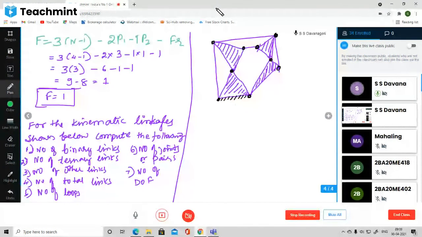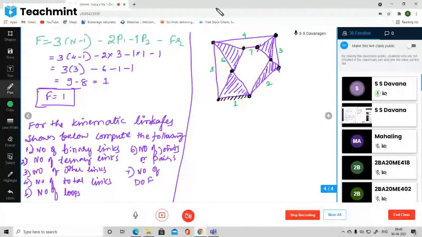Okay, let us go for writing one by one. Let us mark or number the links here. This is 2, 3, 4, 5. This is 6, 7. Okay. You have got 7 links.